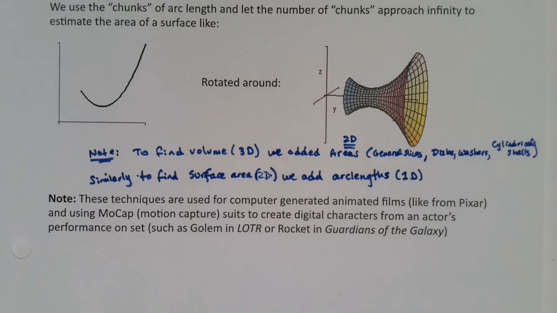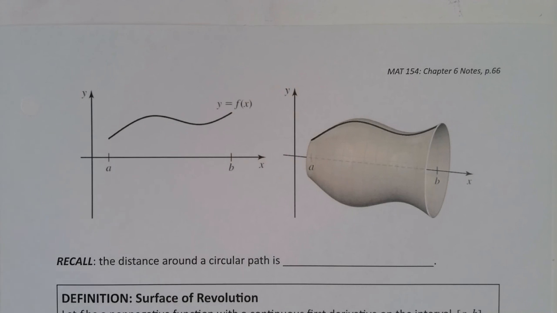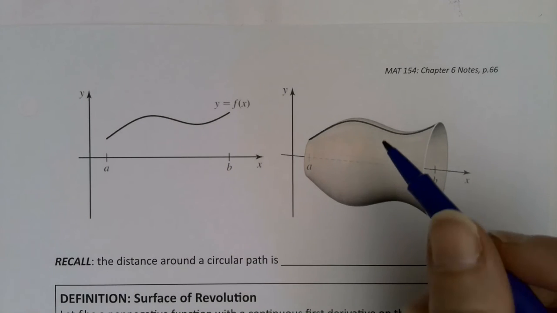So you imagine taking your arc, like my string on my vase, and then you imagine swinging that arc around. And so it forms a circular path.